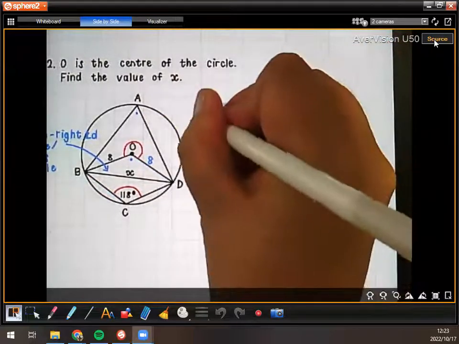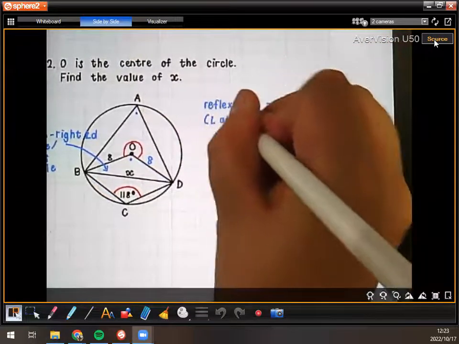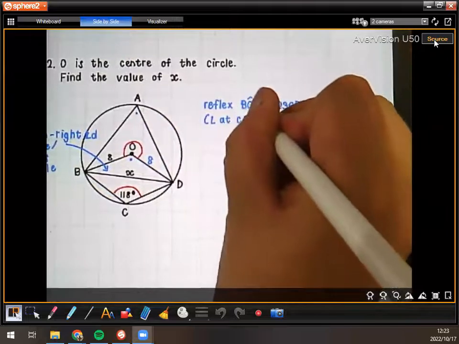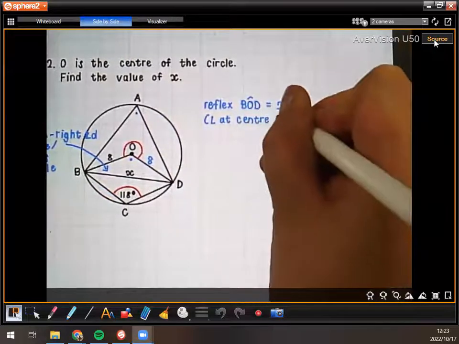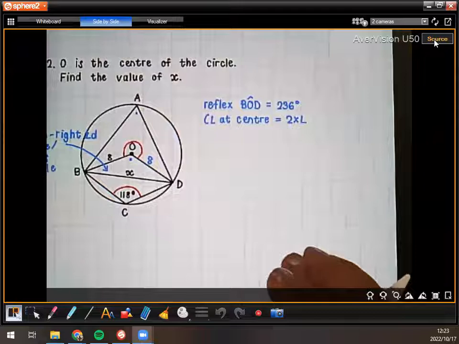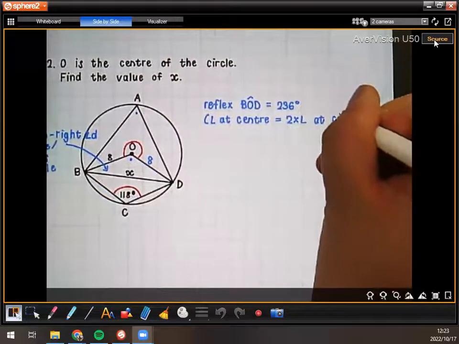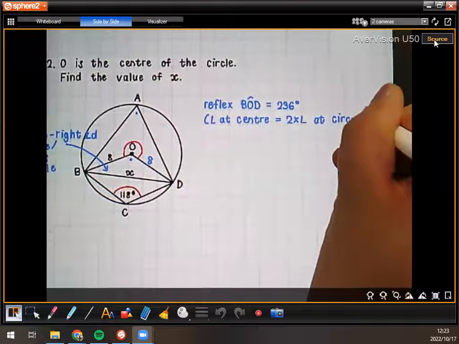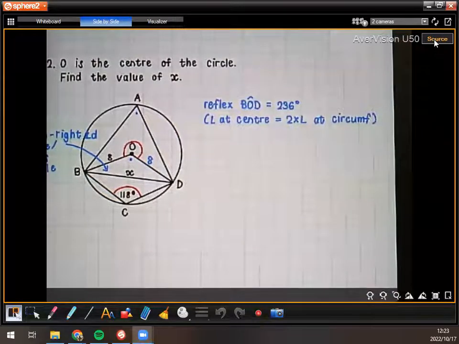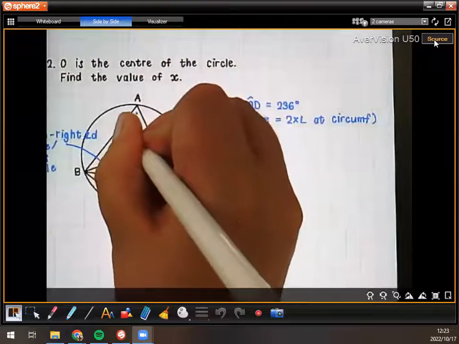And then for the long reason, I'm just writing it underneath: angle at center equals 2 times angle at circumference. So this one is now 236.